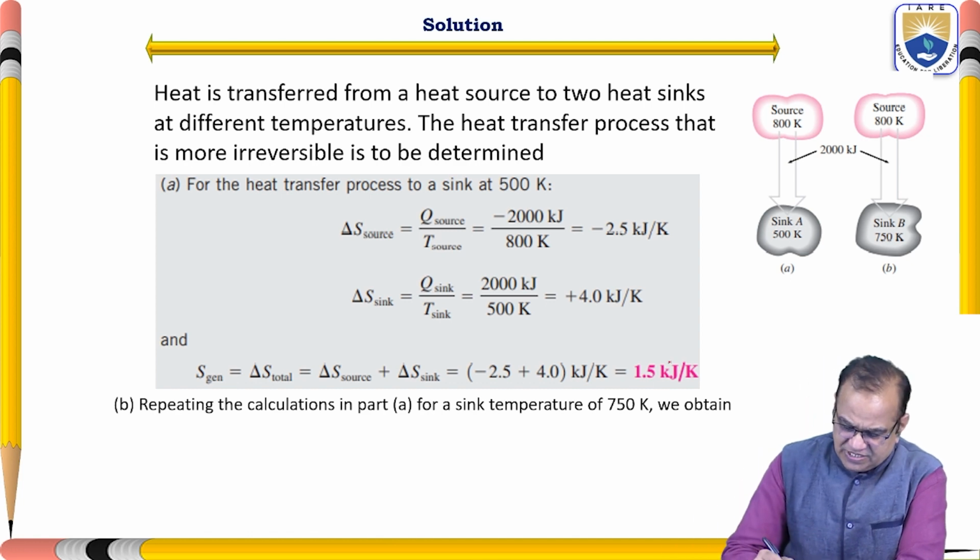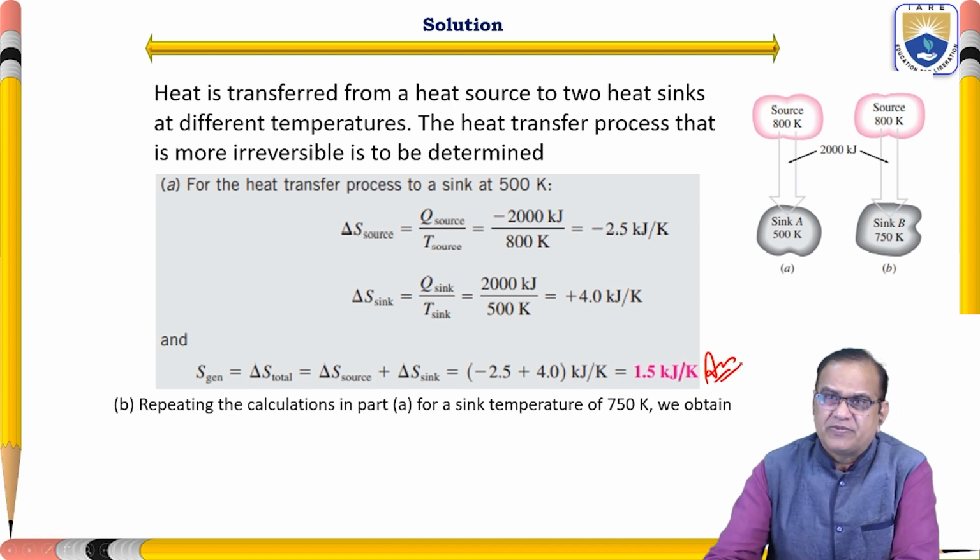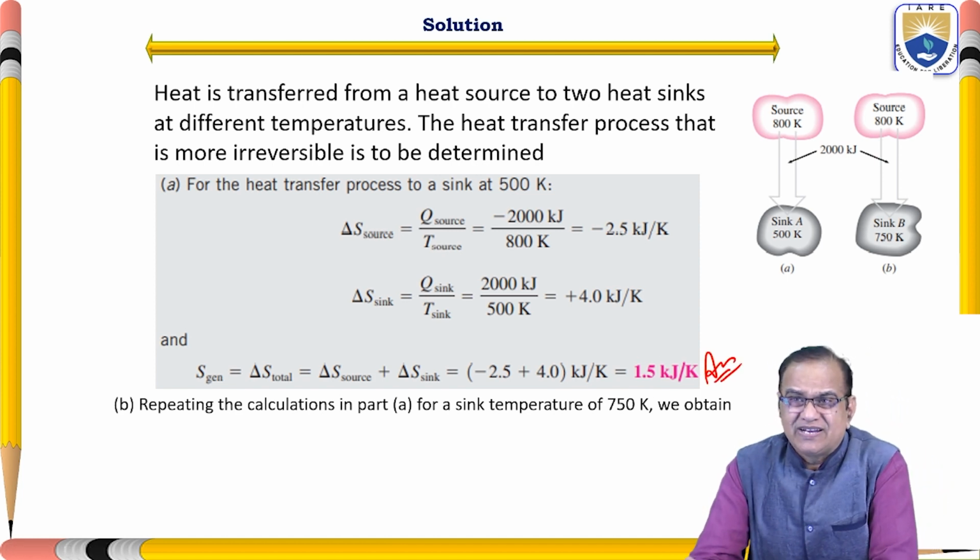So this is the answer obtained: total generation of entropy is 1.5 kilojoule per Kelvin.